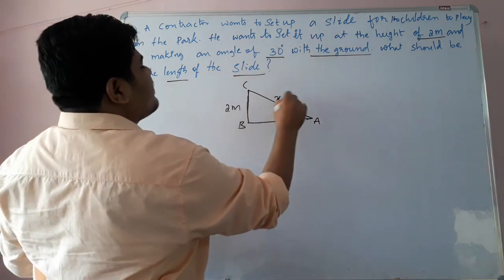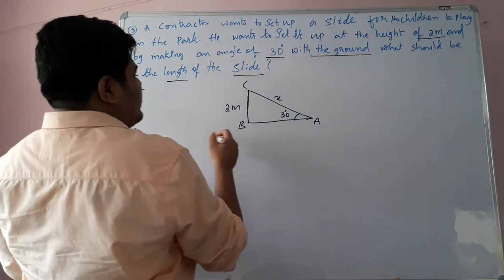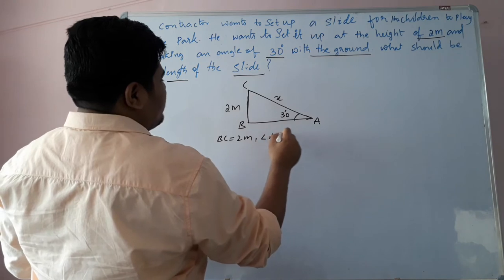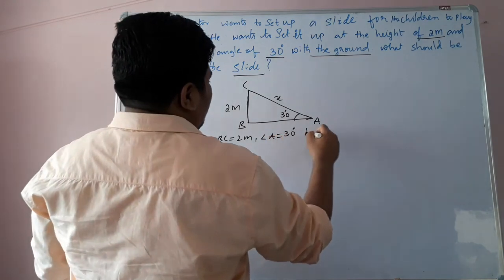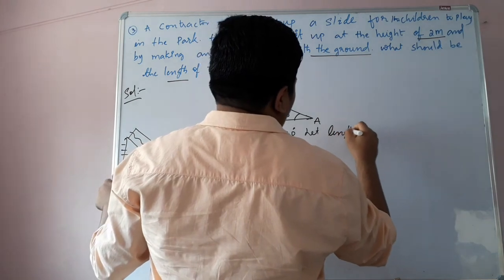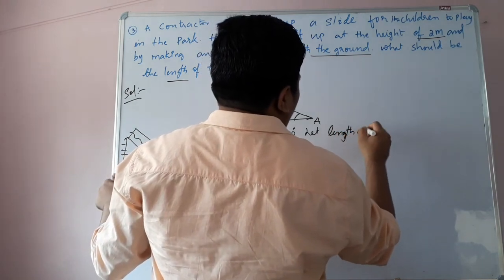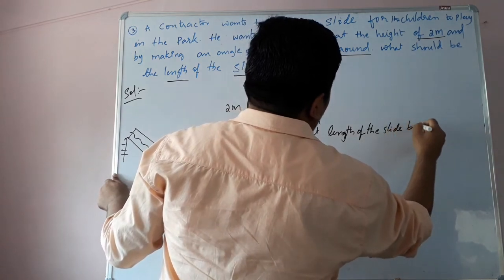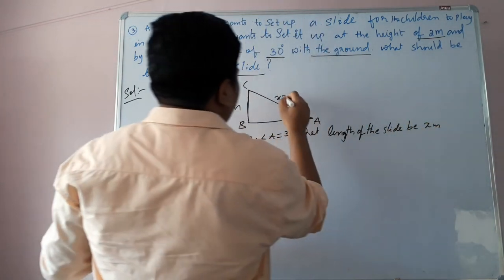Let it be x. So students, here we can write BC is equal to 2 meters, angle A is equal to 30 degrees, and let the length of the slide be x meters. So this is x meters.